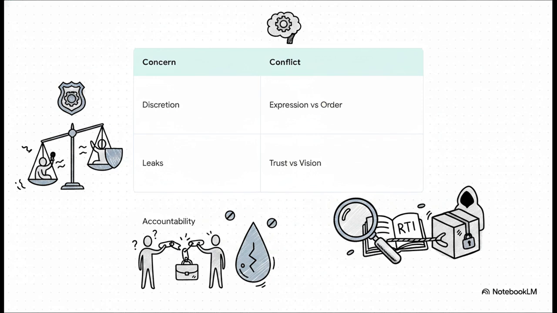Second, information leaks. An employee facing the dilemma of breaking a colleague's trust versus remaining loyal to a company's ethical vision. Think of recent pharmaceutical whistleblowing cases. Third, public accountability. Navigating the constant tension between the misuse of right-to-information laws and officials trying to hide wrongful acts behind the shield of personal privacy.